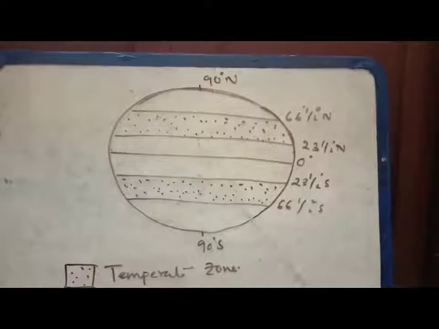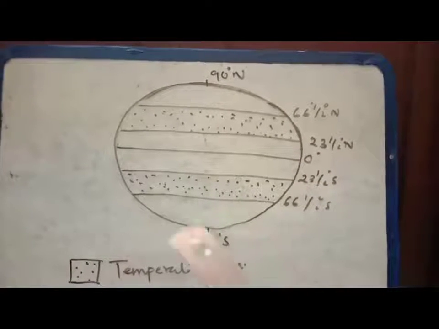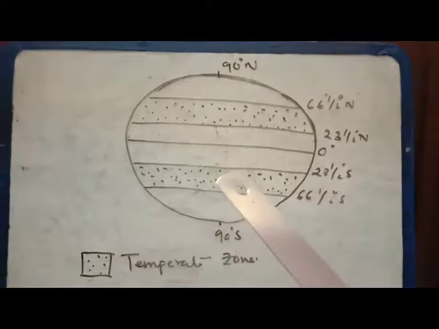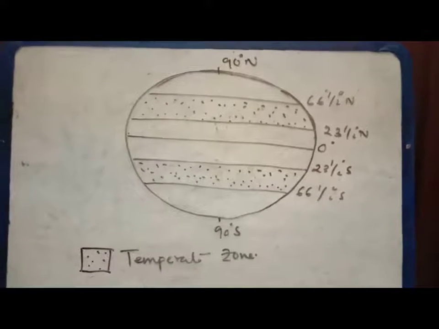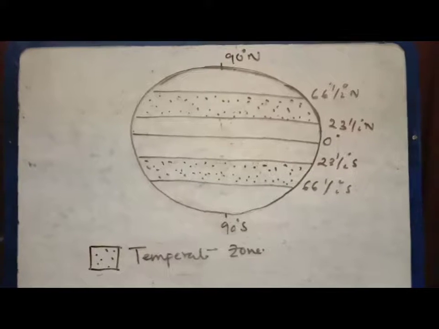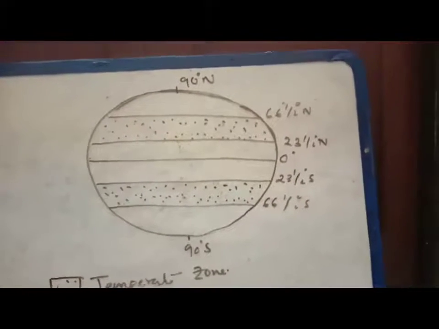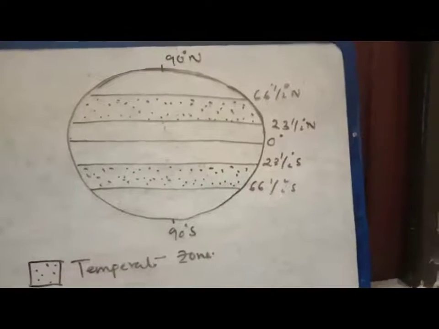In other words, it's not very close to the equator and neither very close to the pole. That means it is situated in the middle. So here we get a temperature that is neither too cold nor too hot. That's why this place is called the temperate zone.